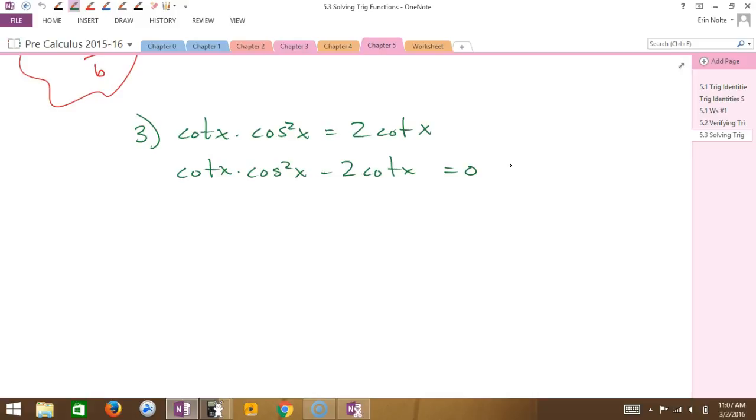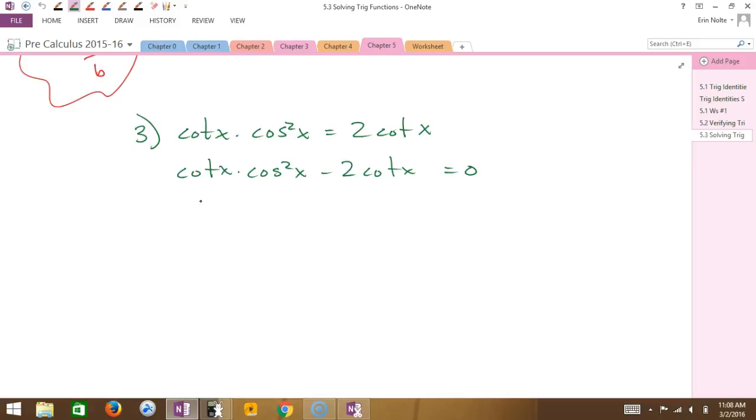What do you see? Okay, they both have a cotangent in it, so what can I do? I think the easiest way to do this one is to just factor it.